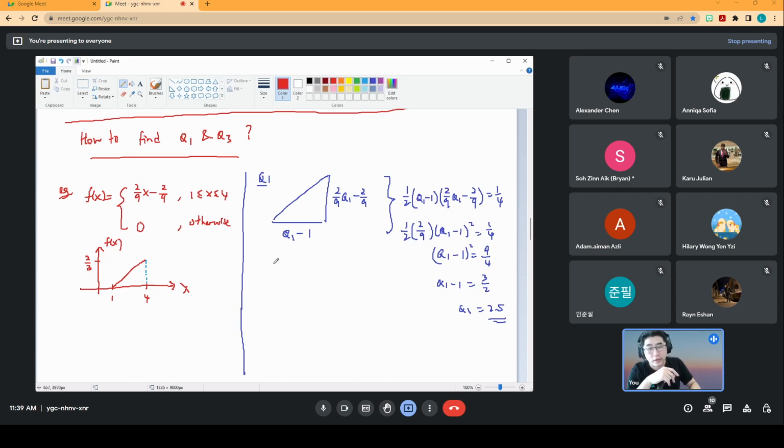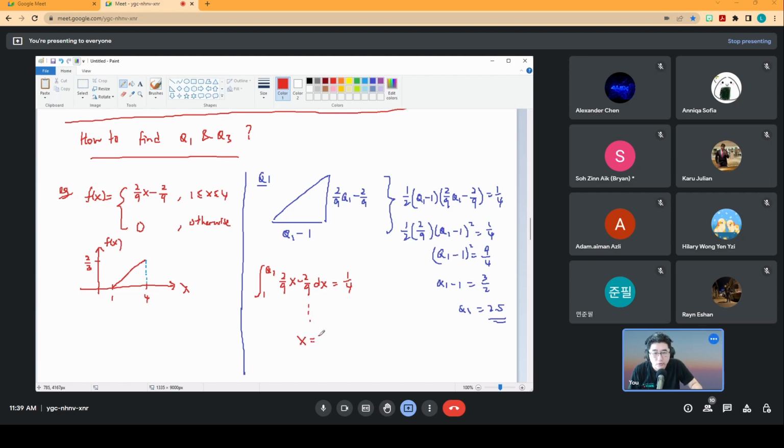Or you can actually do it the integration way. The integration way will be the integral from 1 to Q1 of 2 over 9 x minus 2 over 9 equals 1 over 4. Then you have to solve your integration accordingly.